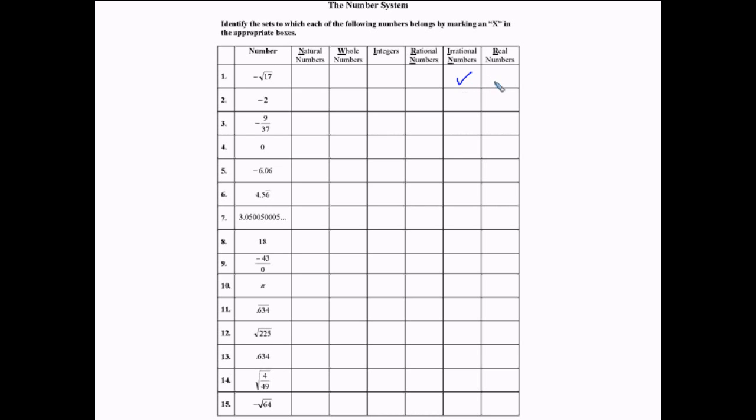If it's irrational, it's also real. Negative 2 is not a counting number because it's negative, so it's not a whole number either, but it is an integer. If it's an integer, it's also rational. If you're rational, you're not irrational, but you are real.